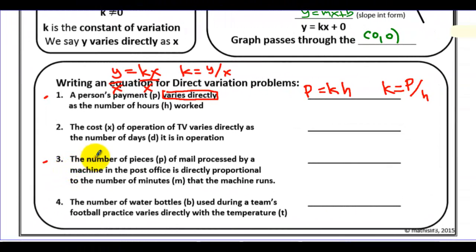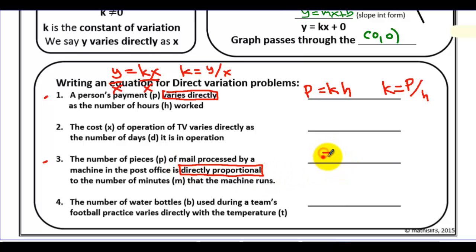Example number 3. The number of pieces P of mail processed by a machine in the post office is directly proportional to the number of minutes M that the machine runs. So in this case, we did not use varies directly, but we use directly proportional. Okay, they mean the same thing.